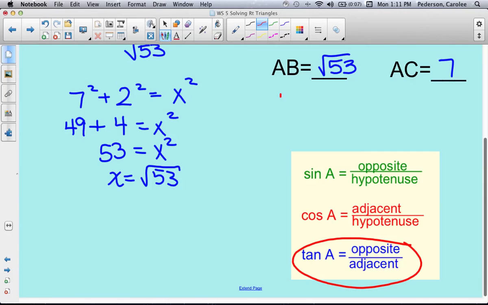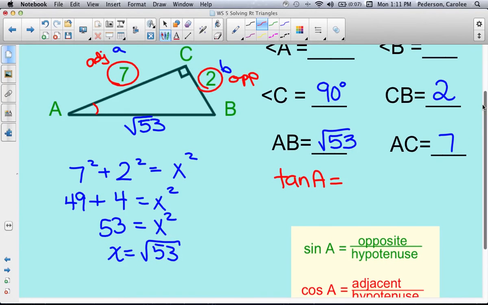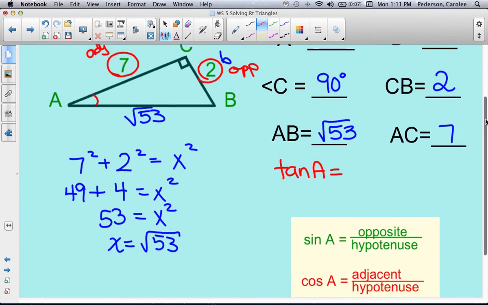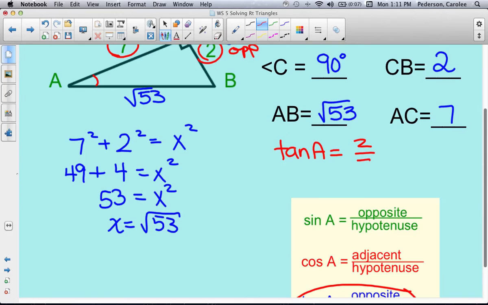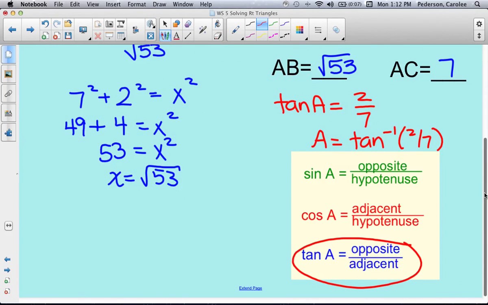So we say the tangent of A equals opposite, which is 2, and adjacent, which is 7. 2 over 7. Well, we're trying to find the angle measure, so we have to inverse it. A equals the tangent inverse of 2 sevenths. Put that into your calculator.